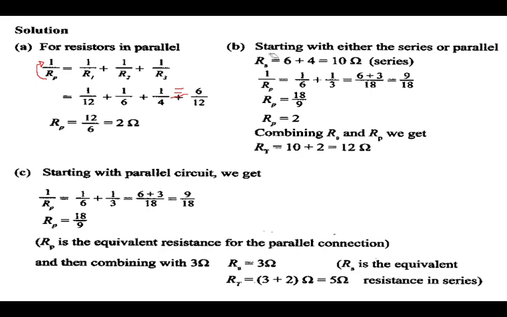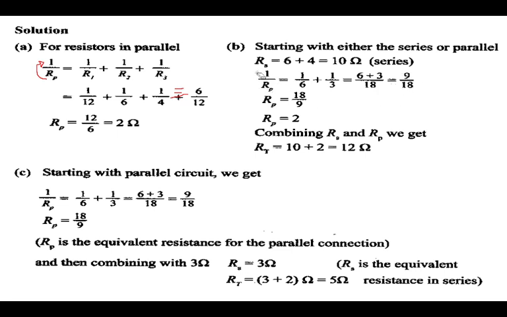In case B, starting with either the series or parallel arrangement, remember, in series we have these 2 resistors, 6 plus 4, which is 10. And in parallel we have these 6 and 3, so you treat these as if they're in a parallel circuit. Simplify. What you get, don't forget to invert.